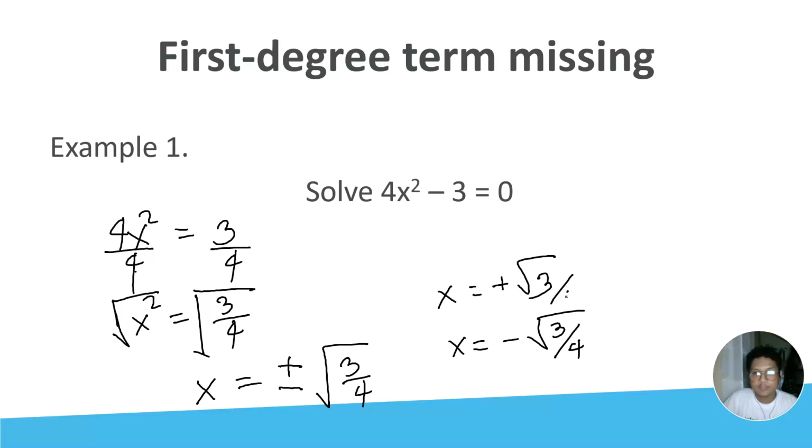Sorry, it's 3/4. Kasi kapag mag-apply tayo ng square root, di natin alam kung either positive siya or negative. So, dalawa ang possible na root na kalabasan ng 3/4. Pwedeng positive or negative. So, ganun lang kapag yung first degree term is missing.